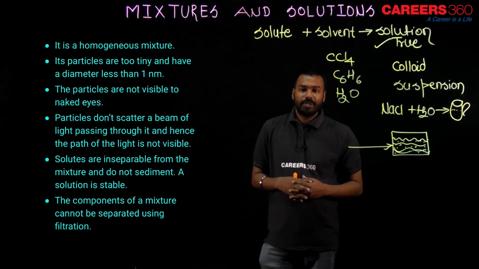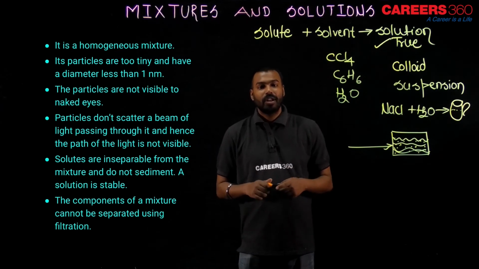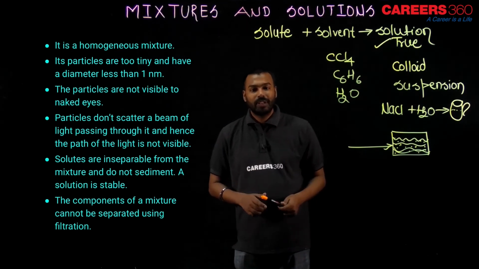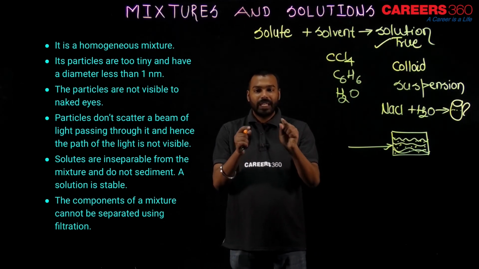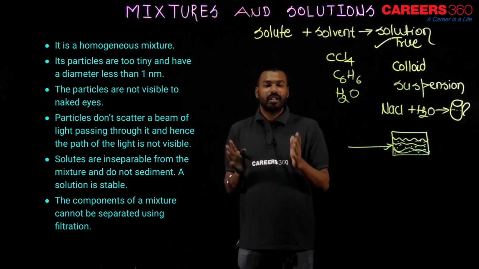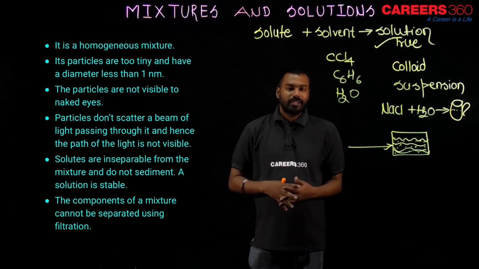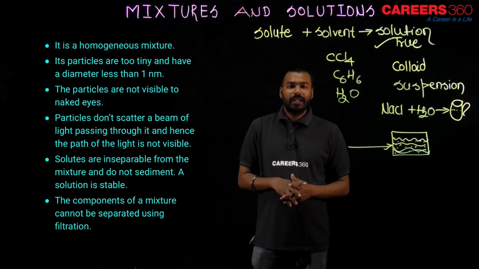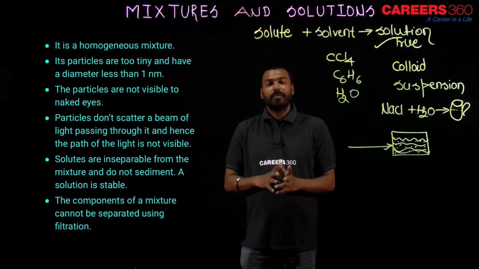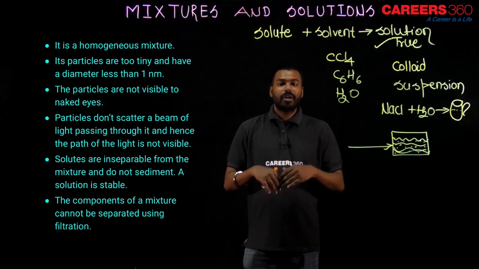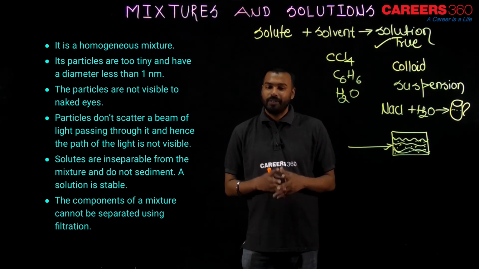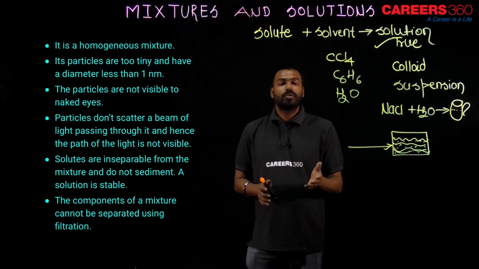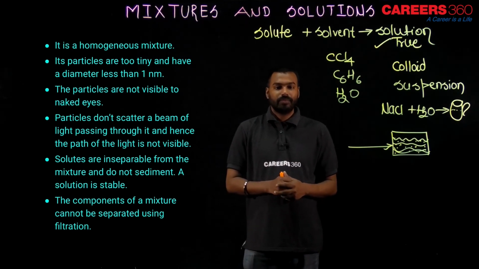Solution is a homogeneous mixture of two or more components with particle size approximately 1 nanometer or less. You can't see those particles with your naked eyes, you can't filter them with the filter paper, they can't scatter the light, and they are generally inseparable. But I am not saying it's impossible to separate. We can separate it, but not through the filter paper, okay.